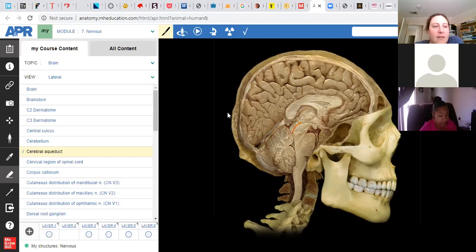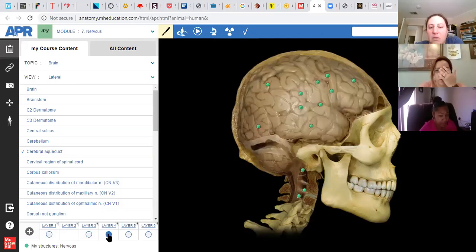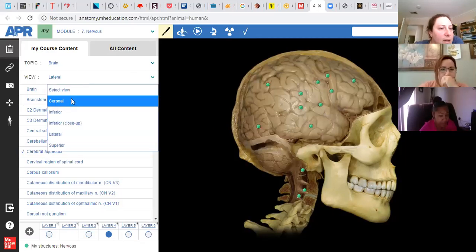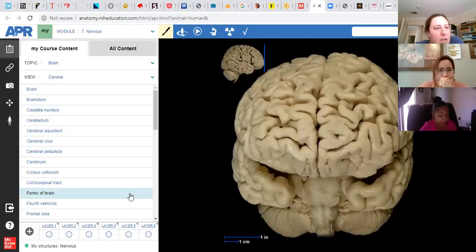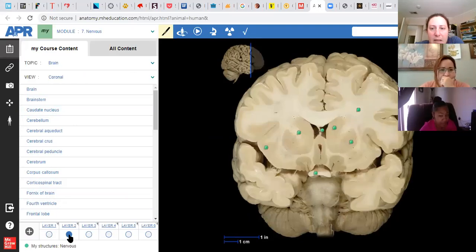For example, on the lateral, layers 6 and 4 are the useful layers. And then if you look at the coronal section, the overview one is probably your most useful. When these are layered, it's literally slicing different places.